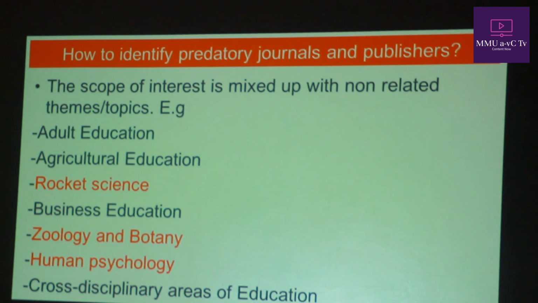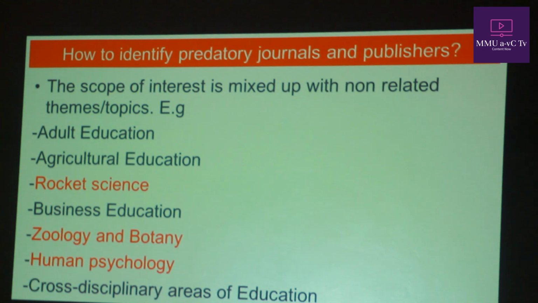One, the scope of interest is mixed up with non-related themes or topics. Normally, genuine journals will have a scope. When you go online, every authentic journal will have the scope, and that scope will always be published online.